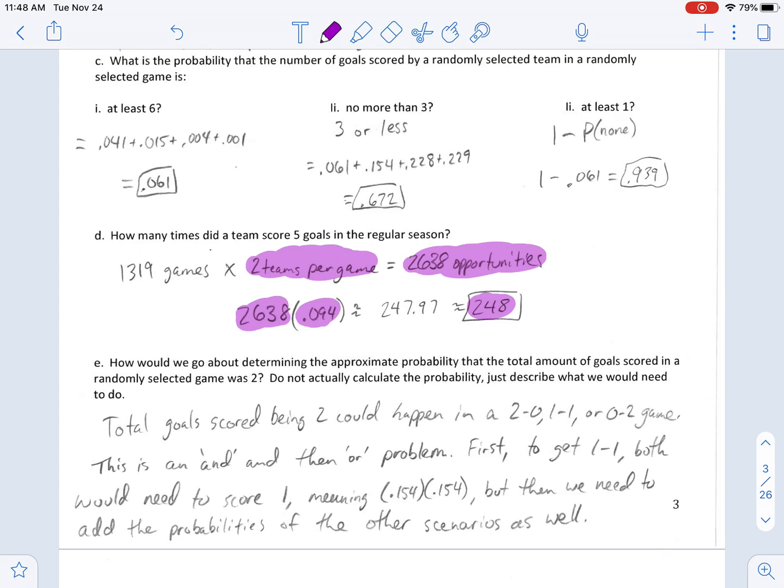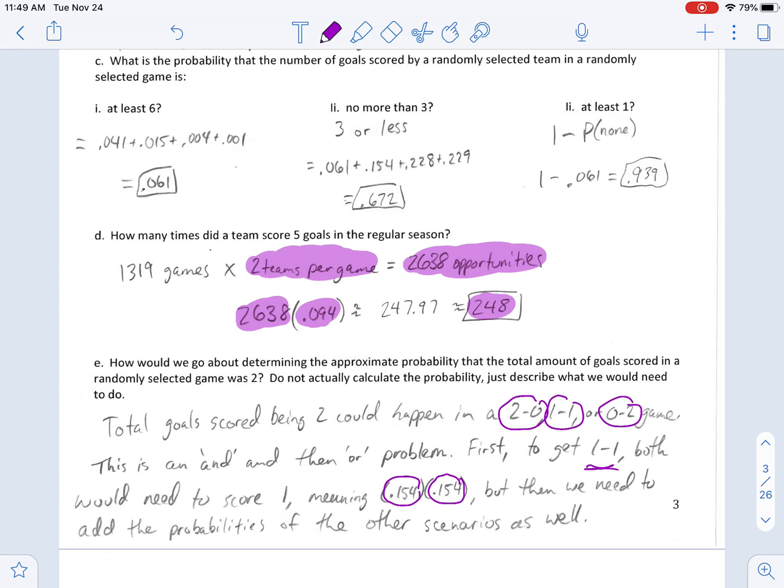So really, if you're going to count all those ways, it's either 2 and 0, or 1 and 1, or 0 and 2. So that's like a tree diagram type idea where you multiply together and then add. So to get 1 and 1, it needs to literally be 1 and 1. So the first team needs to happen 15.4% of the time, and the second team needs to happen 15.4% of the time.